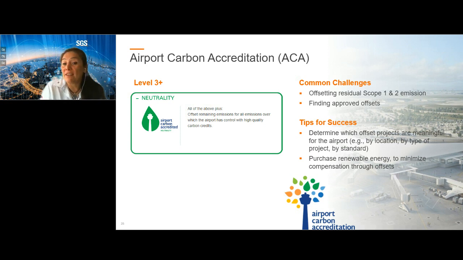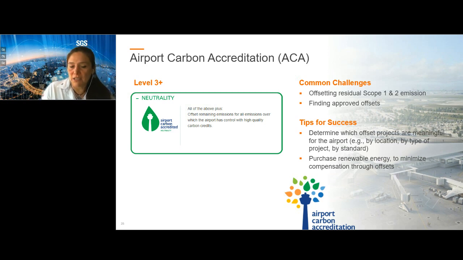So if you are interested in that as an airport, then you can buy a combination of them. Also, maybe you want offsets that also have environmental and social benefits, so then maybe you buy Gold Standard. So you decide which offsets to buy, or you can buy a combination, and then you put all together, and all the carbon offsets need to sum scope 1, 2, and business travel.